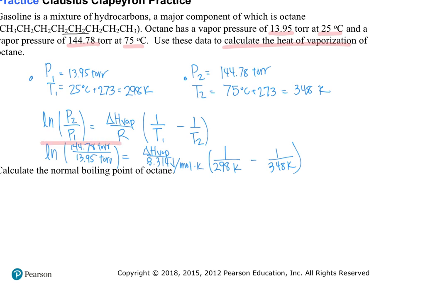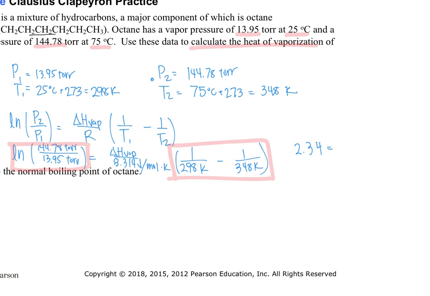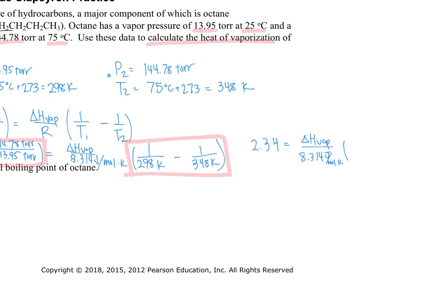First, I'm going to calculate this term, which is just a number, and this term, which is also just a number. What I get is the natural log portion is 2.34 and unitless, and that's going to equal delta H vap over R, 8.314 joules per mole Kelvin, times 1 over those numbers.